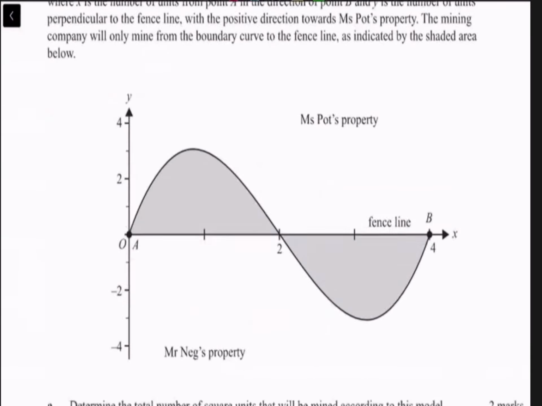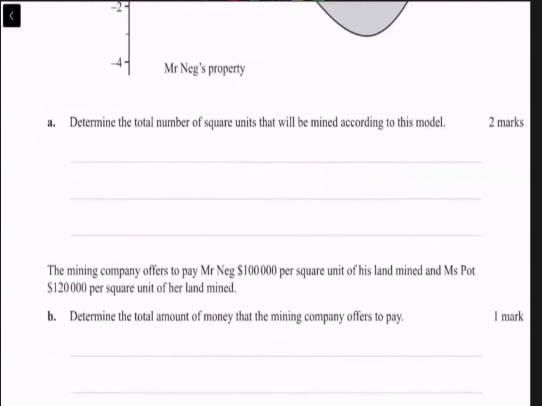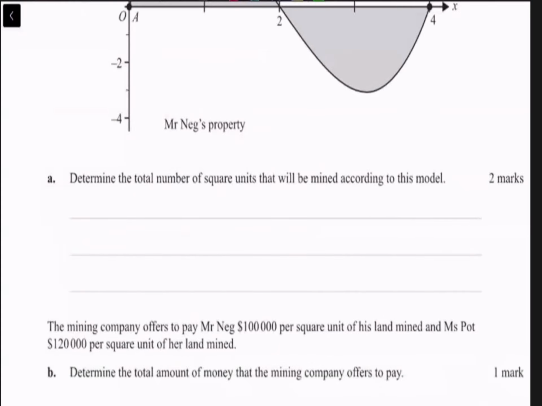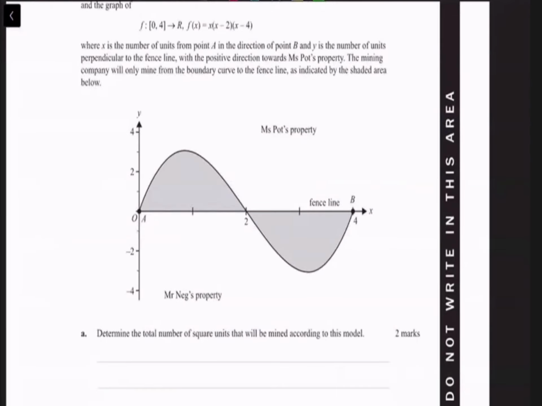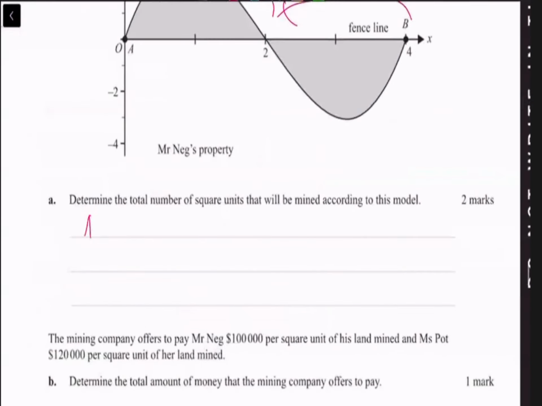So now we have some integration. Determine the total number of square units according to this model. So you just have to integrate from 4 to 0. Make sure you consider the negatives. So 2 to 0, fx dx minus 4 to 2, fx dx.